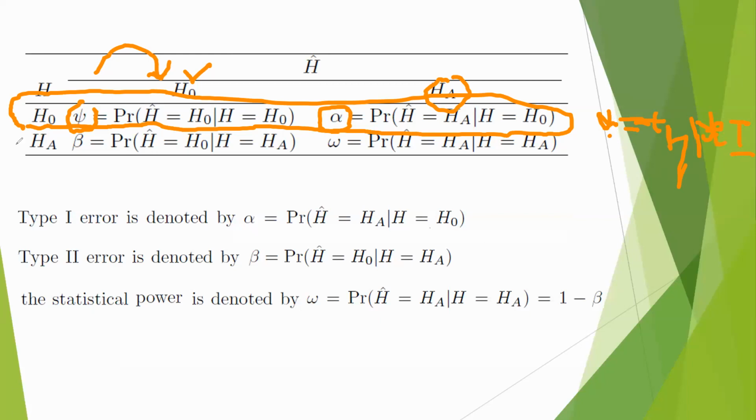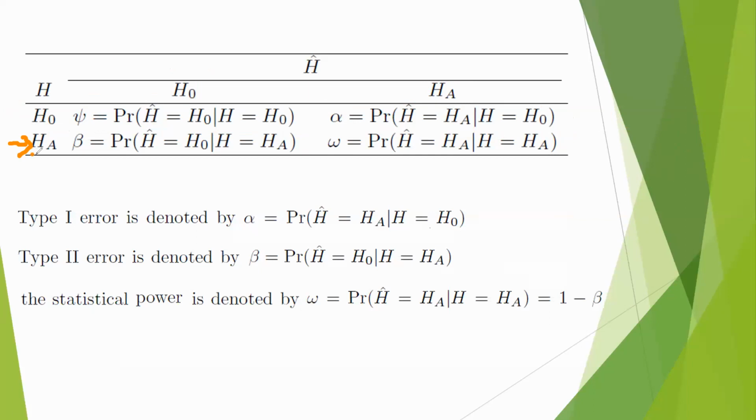Now, if the alternative hypothesis is true, I hope everyone is very clear here. If I say the alternative hypothesis is true, in our business, that means there is an association between this test locus and the trait, right? So given there's an association, we should be able to detect it. That's the correct decision. And the probability for us to correctly detect this association is called the power.